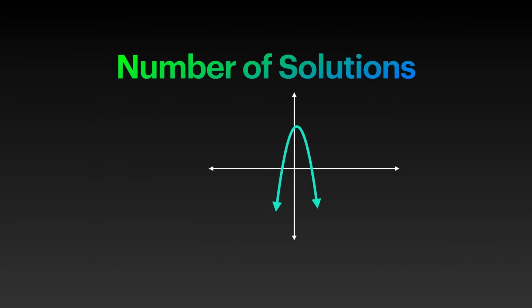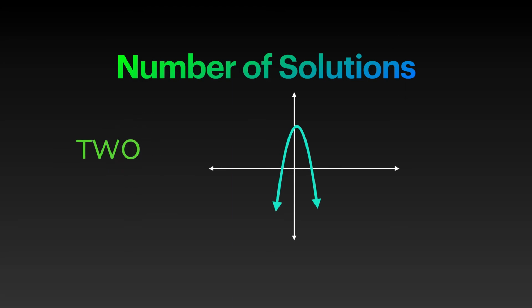Now, look at this parabola. It's a downward parabola. It is crossing the x-axis in two places. So that means there are two solutions.